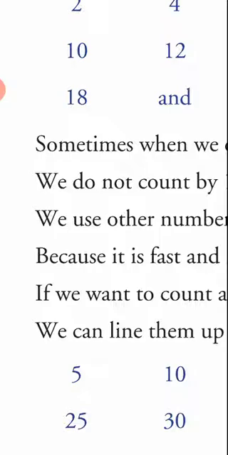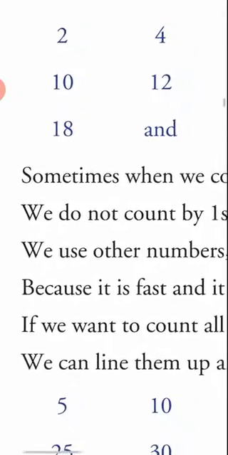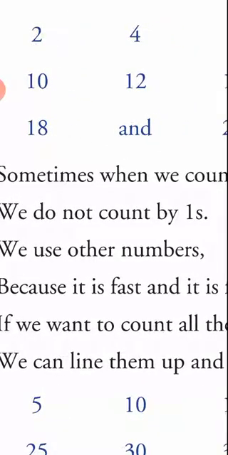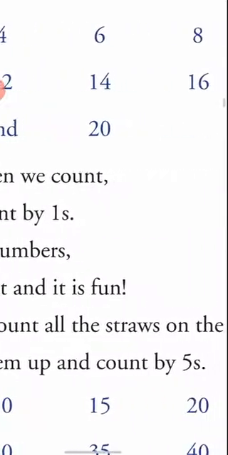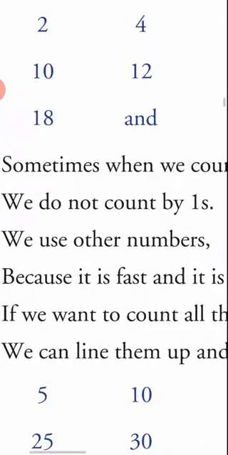Here we have some numbers and we are counting these numbers by 2. Means we are taking the difference of 2. That means this is table 2 as you can see.